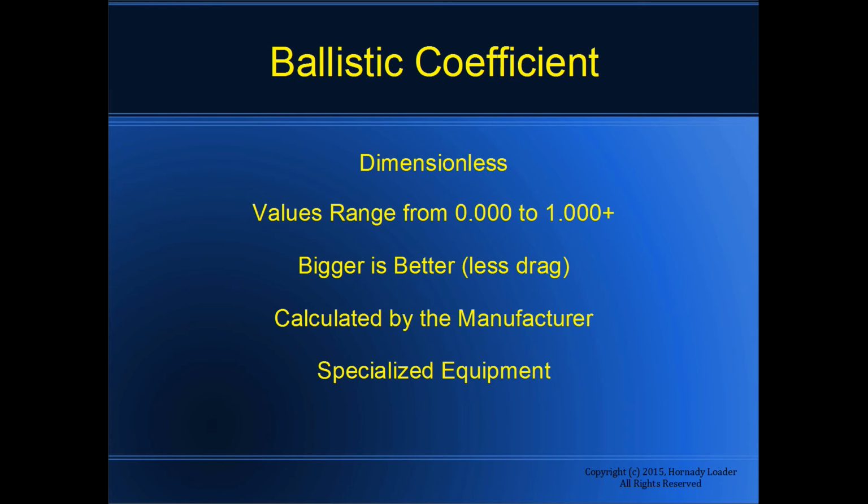Well, that could be your bullet drop calculation was done wrong, but it's also very likely that the manufacturer exaggerated their ballistic coefficient a little bit. So that's kind of common, and some manufacturers do it more so than others because they know that when reloaders are out there shopping for bullets, they're looking at that ballistic coefficient and determining which bullet to buy, so they want their bullet to look better.